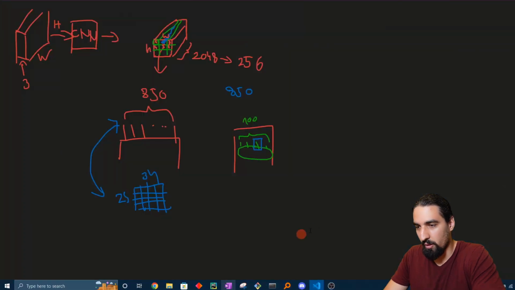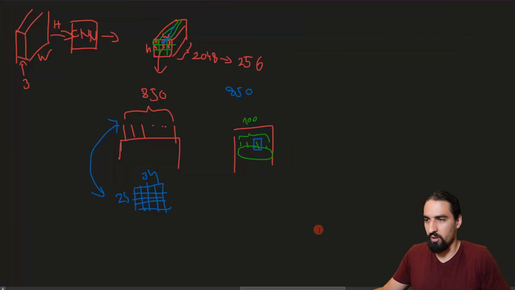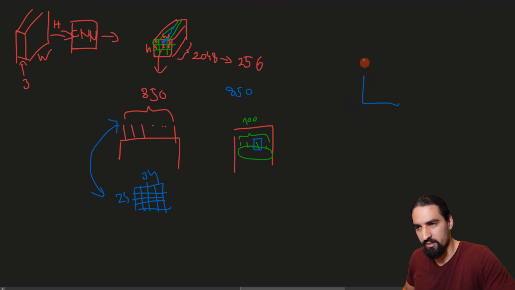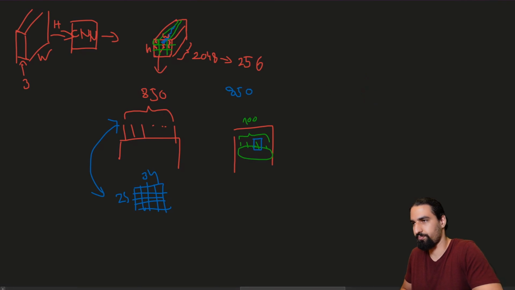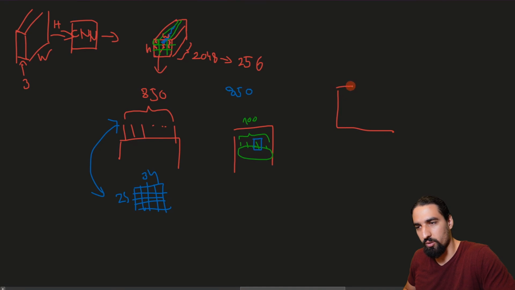I'm gonna again use my OneNote, because I realize this can be hard to understand just by me speaking about it. So what we've done is the following. Again, remember we have this volume here, and so this is our volume.